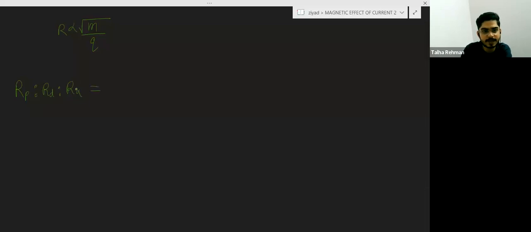This is given by root of mass of proton divided by charge on proton, ratio root of mass of neutron divided by charge on neutron, ratio root of mass of alpha particle divided by charge on alpha particle. Mass of proton is mp and charge on proton is e.